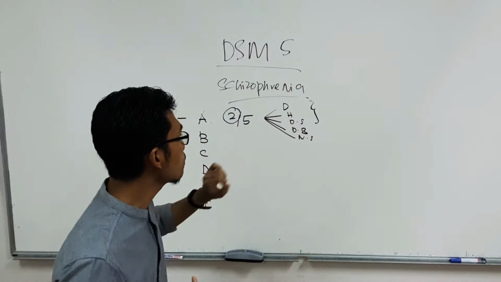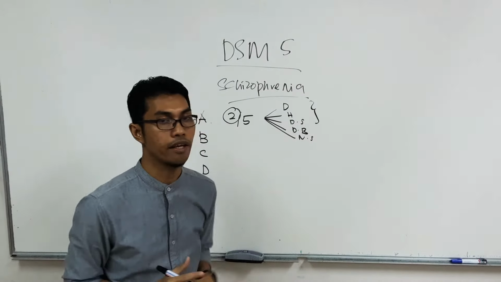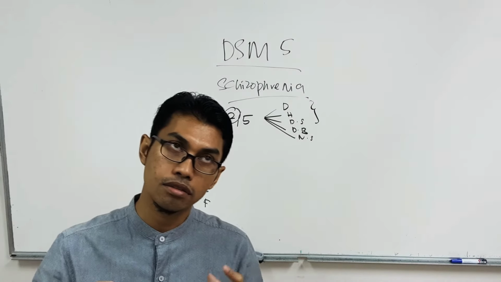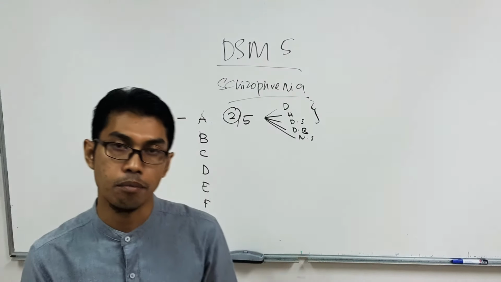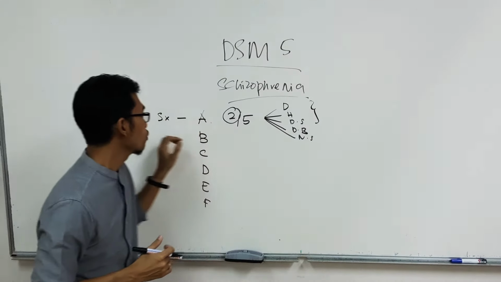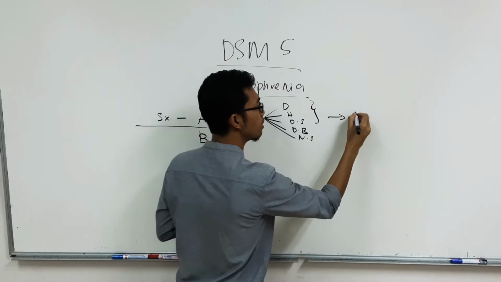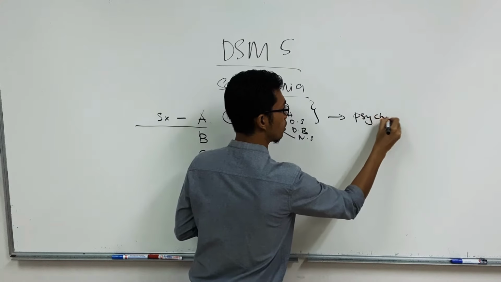So if you have only 2 symptoms and your symptoms are negative symptoms and disorganized behavior, you are not yet able to diagnose schizophrenia, because the diagnostic criteria say so. Which basically means the first part is about understanding psychopathology.